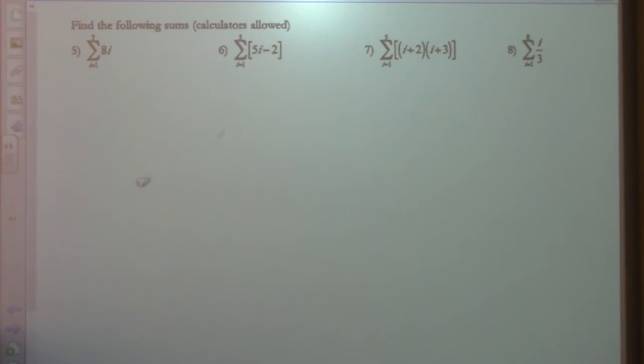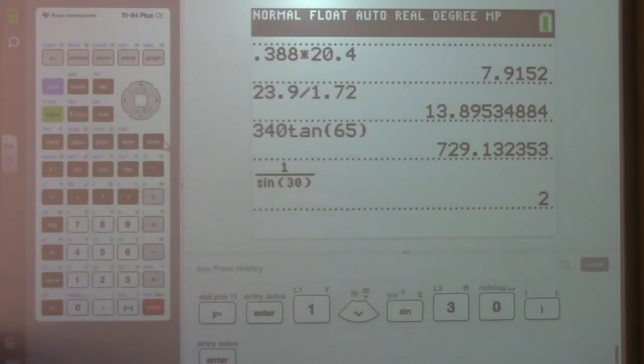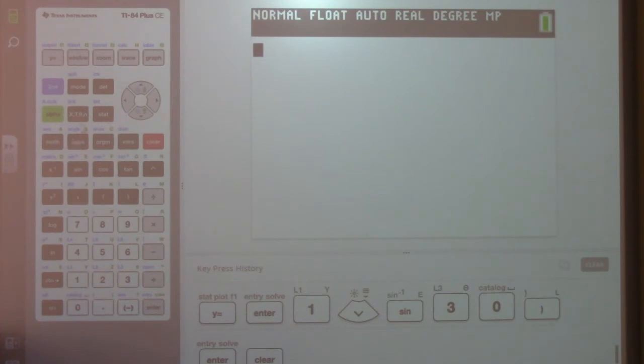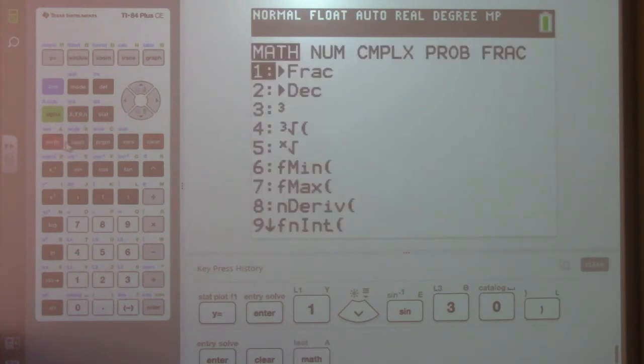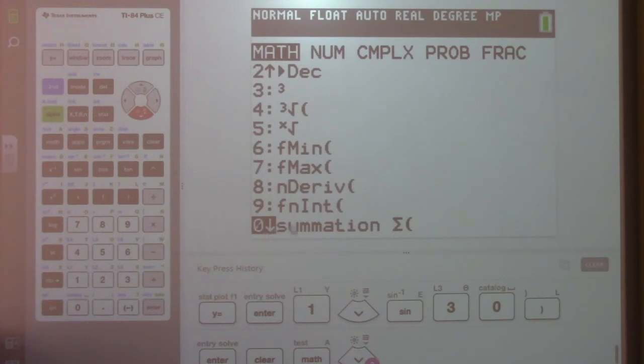Okay, I want to show you how to do this in your calculator, and you might have remembered this from last year. I don't know, but it's in your calculator. So in your calculator, what you do is you go to Math, and then I think it's down here. I'm going to scroll down. Yeah, this summation.